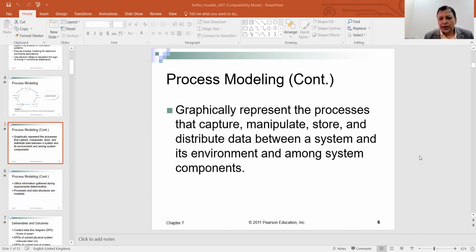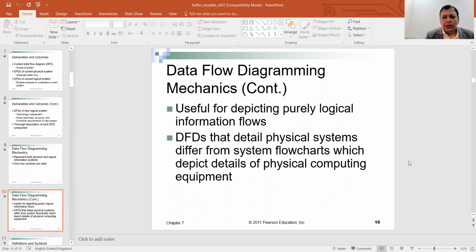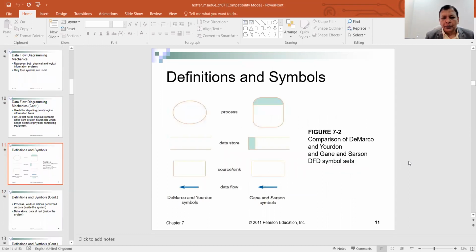The data flow diagram has some specific symbols: process, data store, entity, and data flow. Entity is also called source or sink. We have two types of modeling notations.